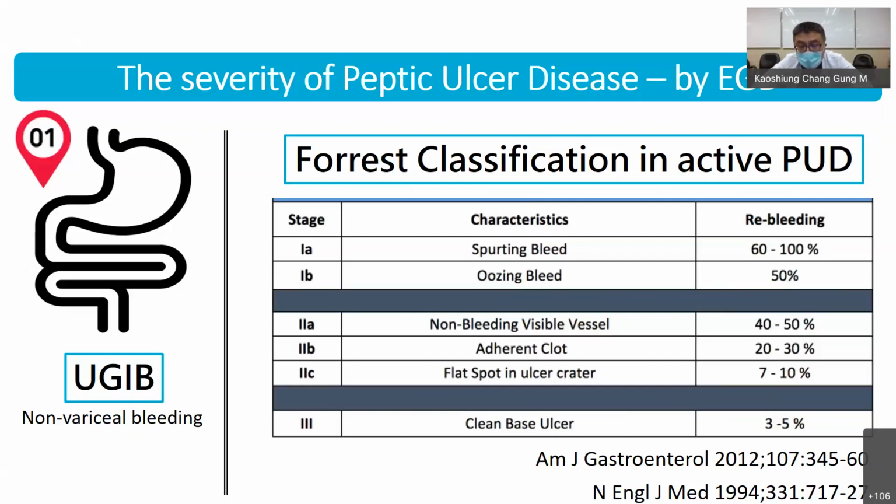So if patients have a higher risk Forrest classification, like 1A, 1B, 2A, 2B, that means patients have a higher rebleeding rate, maybe more than 30% or 50%. That means you need more awareness, and maybe you need to keep patients without meals for more time and more observation in the ER or admission.